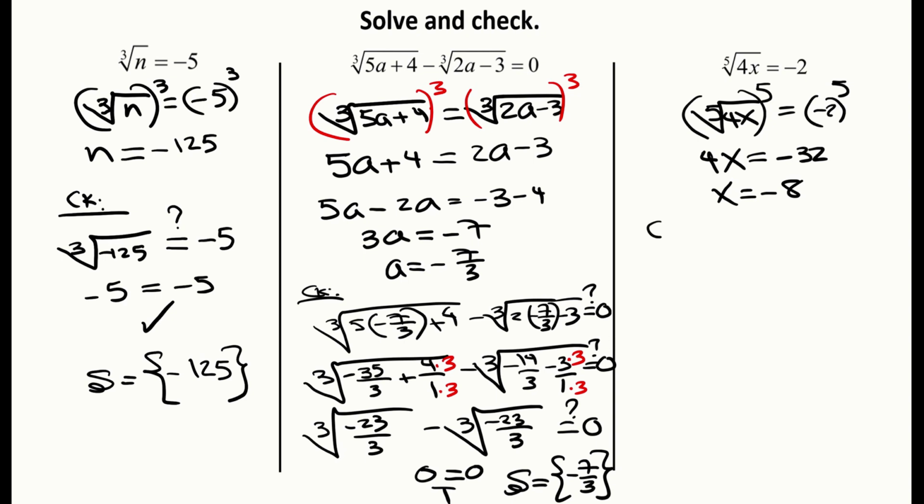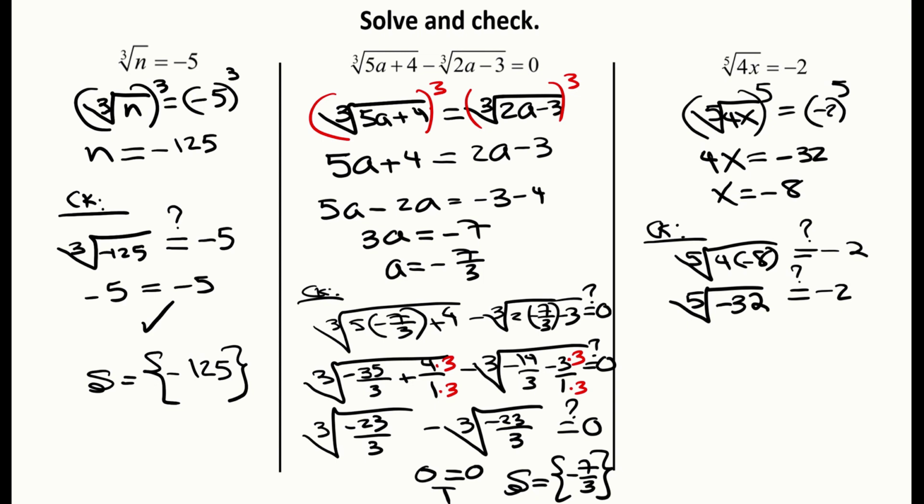If we want to check it, it's actually not that bad, because we have the fifth root of 4 times negative 8. We want to know if that equals negative 2. And here we have the fifth root of negative 32. We want to make sure that's negative 2.